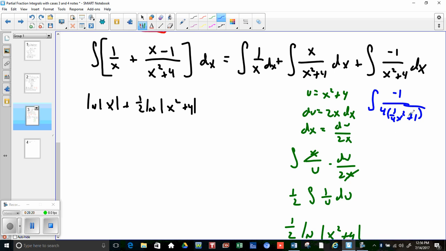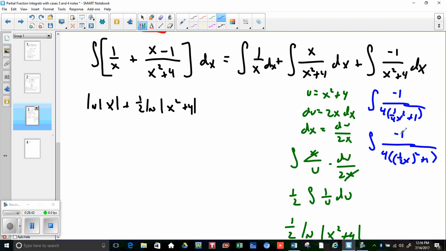All right, factoring the 4 out of the denominator, you have to factor it out of each piece, so that's why I get the 1/4 right here. Well, 1/4 x squared is still a perfect square, and we can rewrite that as 1/2 x quantity squared plus 1.